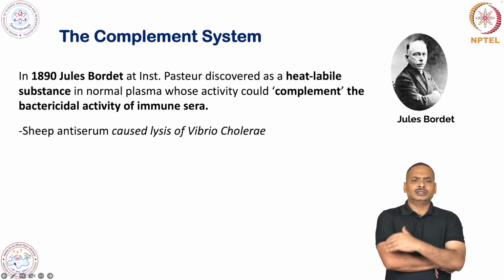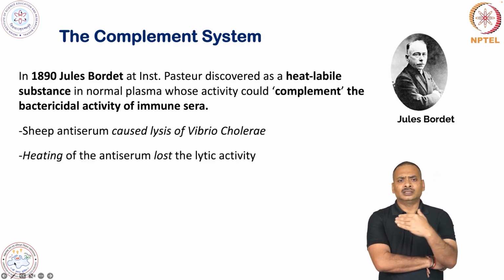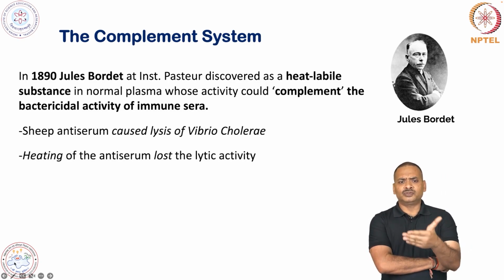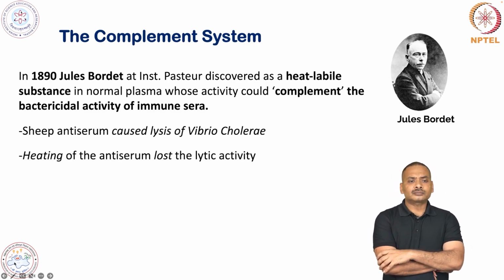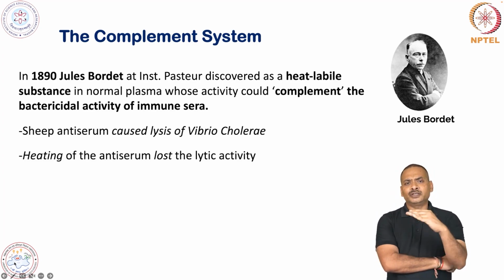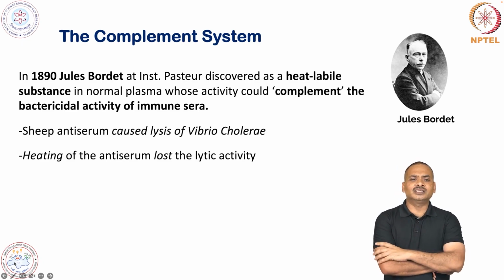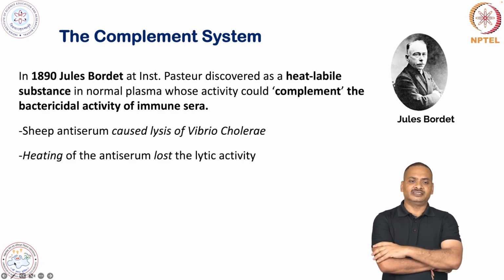He also showed this phenomenon in sheep, and the way I have explained, he performed this experiment using sheep antiserum, and he showed that if you heat the serum at a particular temperature, that is 55 degrees centigrade, then the serum will lose its lytic activity.